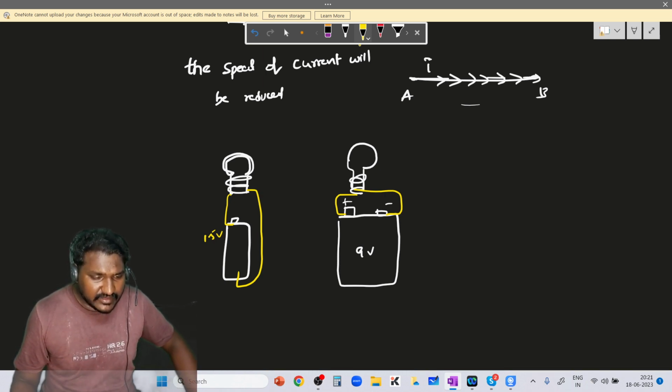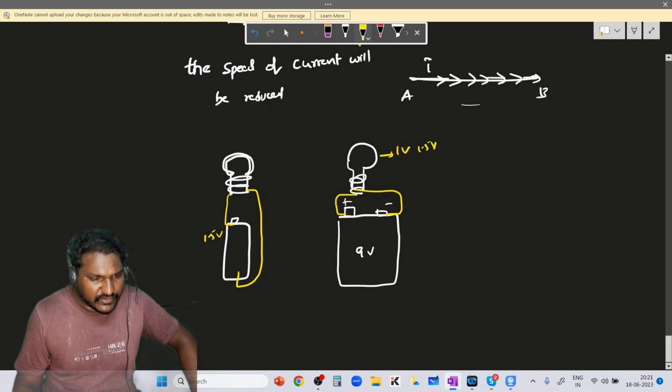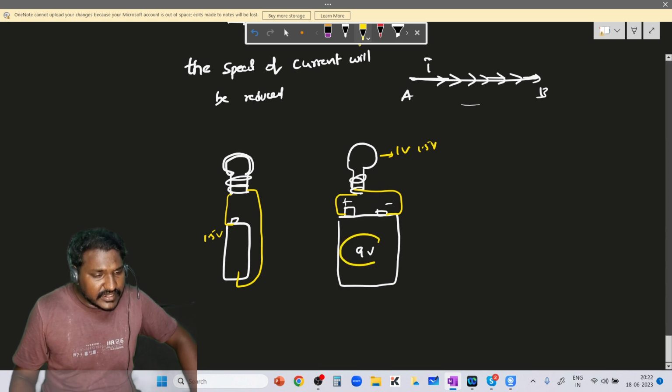But in the second case, since the bulb can only handle 1 or 1.5 volts, here we are connecting it to a 9 volt battery. If there is more potential difference, current will be more.